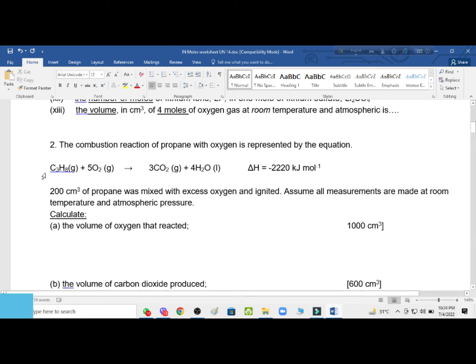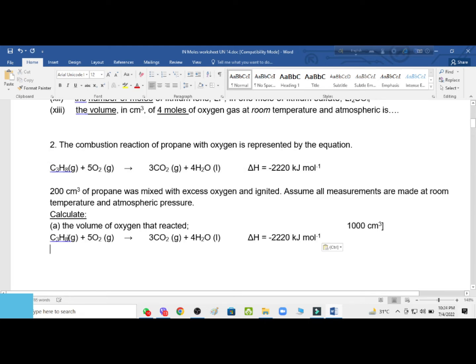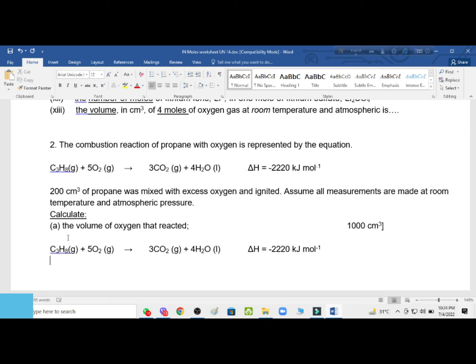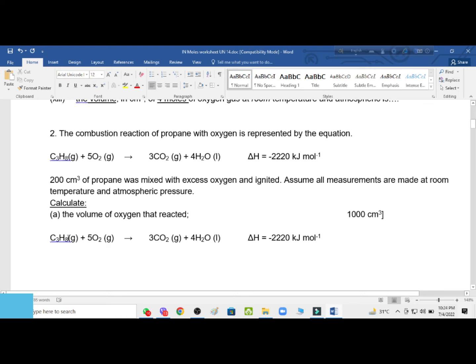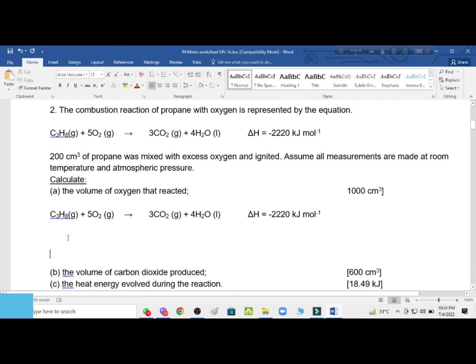So here, the volume of a gas is given. Which gas is given here? 200 cm cube, and it asks what volume of oxygen will react.